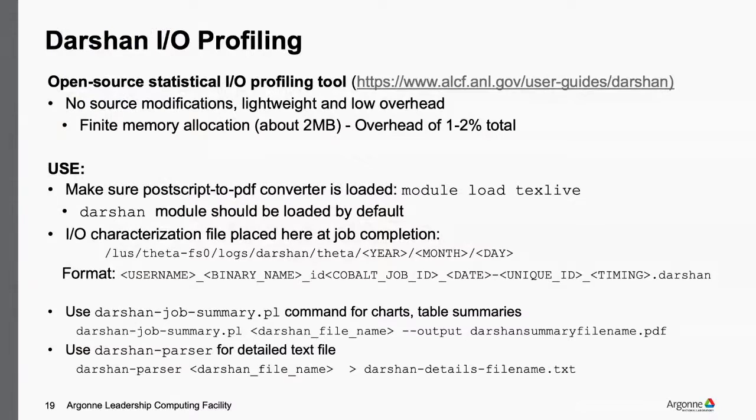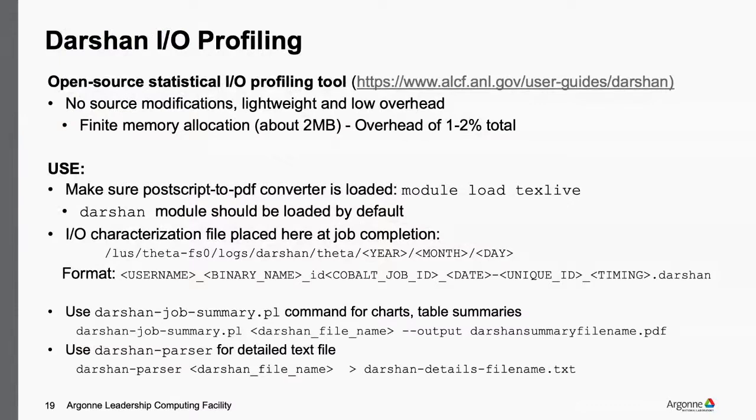All right, when you have this log, it's a binary file, so you need to process it. We have 2 tools. DarshanJobSummary.pl will create a PDF with various graphs in it. In order to use this, you also have to load this module first, Tech Live. Load that, run this, and it'll produce a PDF, and I'll show you what's in there.